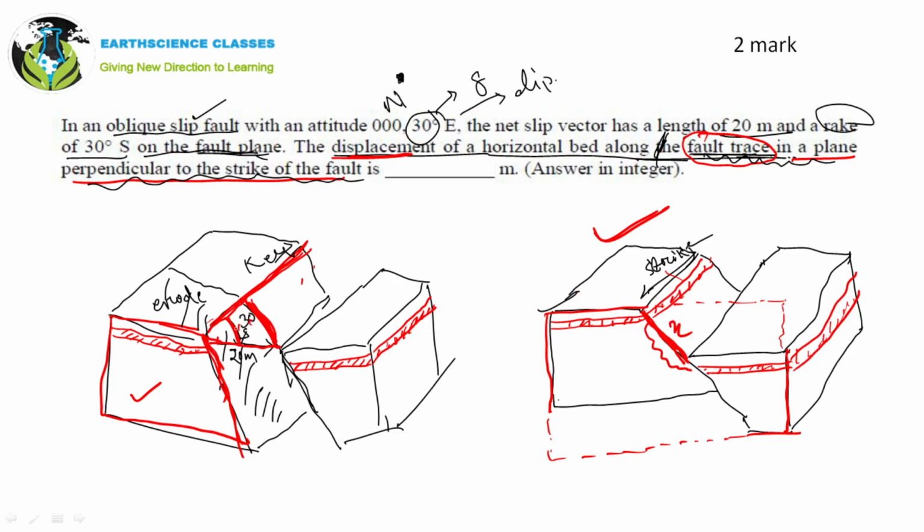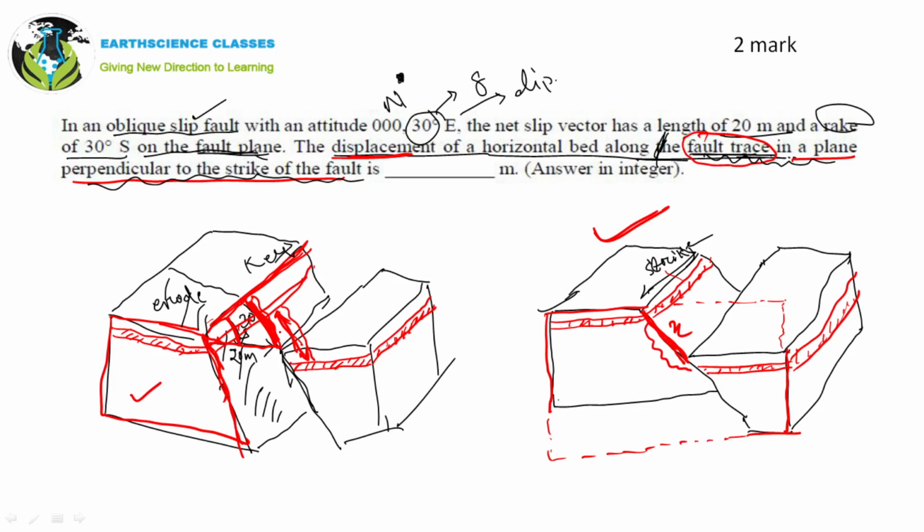If you draw the horizontal bed like this, this length is the same as this length, right? This much displacement is equal to this much, that means displacement along the fault plane in the dip direction, or you can say this is dip separation.